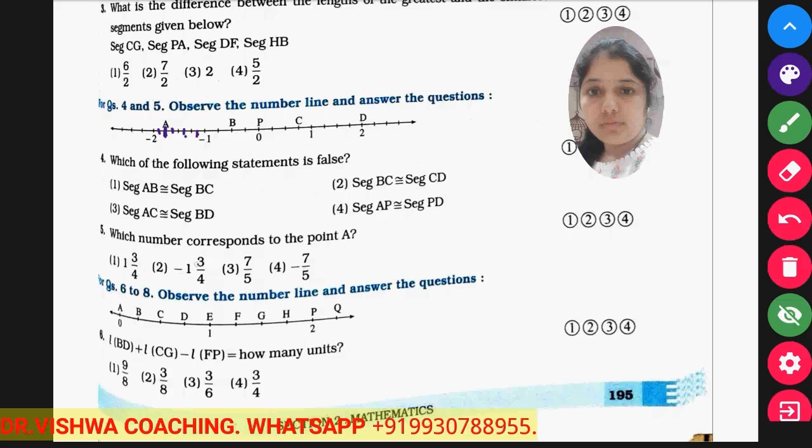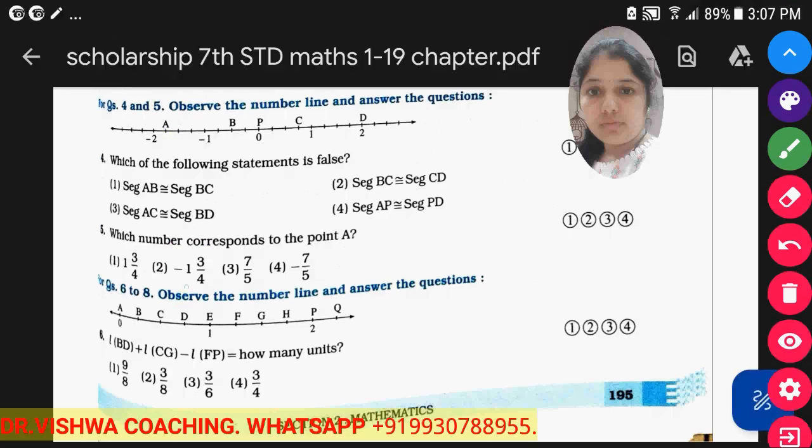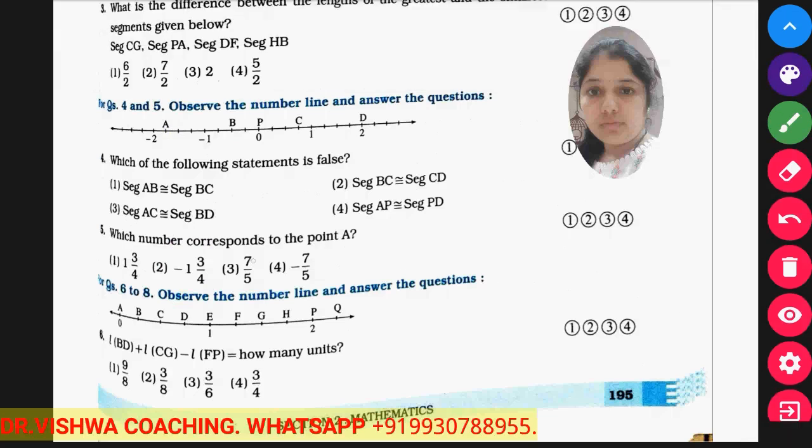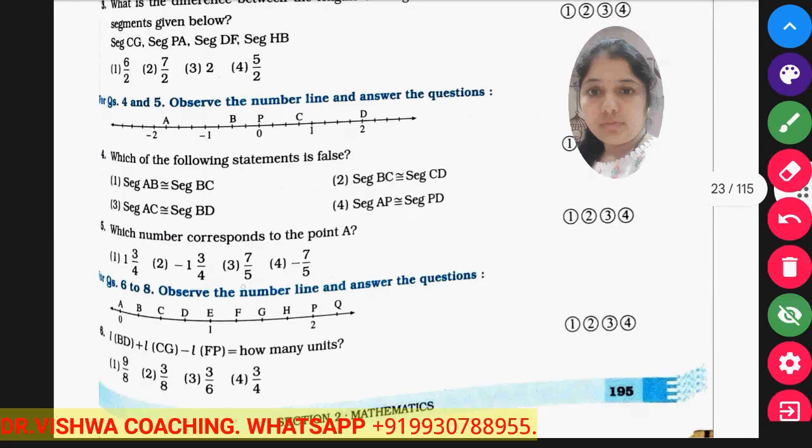So this -1 plus this 3/4 is your answer. Understood or not? Because each unit is divided into 4 parts, the denominator should be 4, not 5. So out of these two, one of them is your answer.